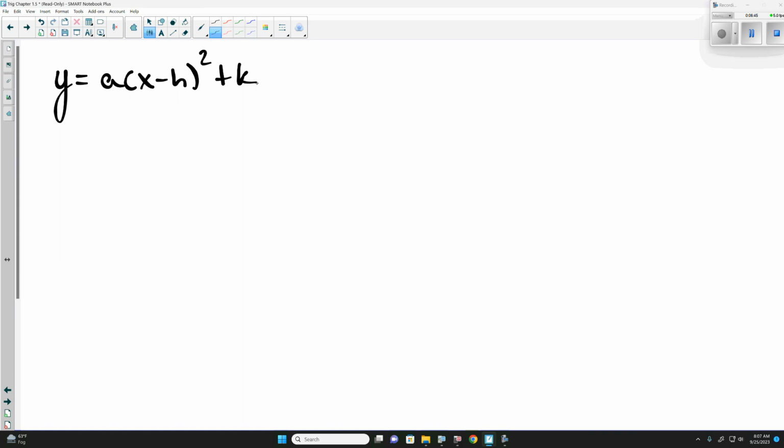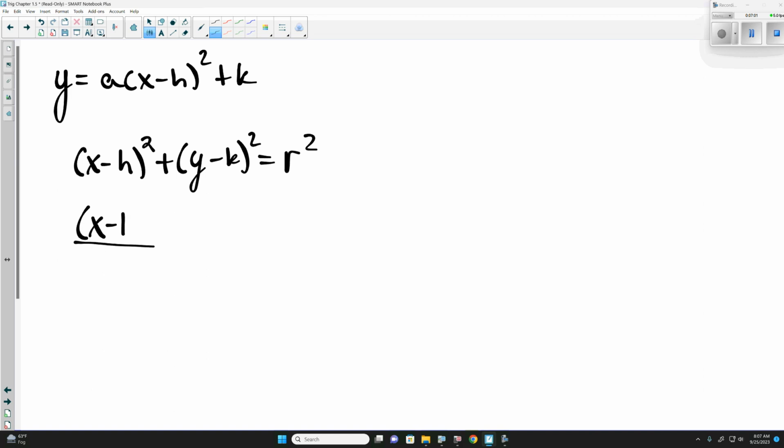If we look at the equation of a circle, it is this here. And if you notice inside both parentheses, it's x minus h, y minus k. If we look at an ellipse, it is this here, and a hyperbola.